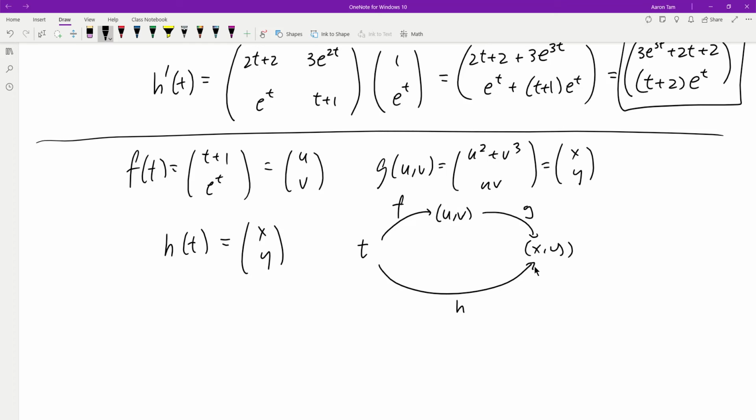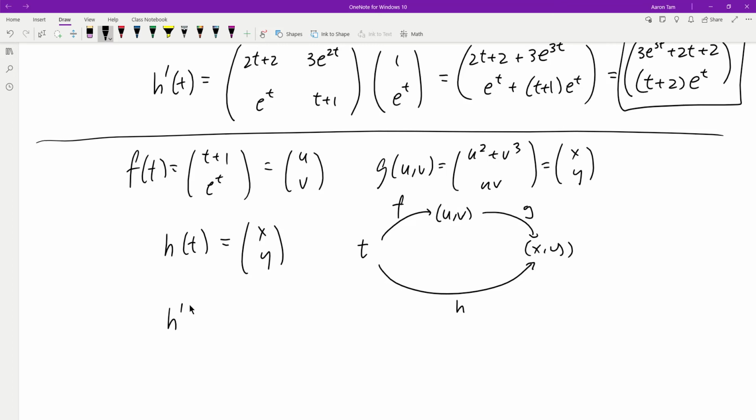Now that is important because of the following. If I strictly look at function h as its own individual function, meaning somehow I manage to combine f and g together into one single formula, then that formula would directly allow me to define x and y with t. That means I can consider h as its own function with one single independent variable, t, and two dependent variables, x and y.